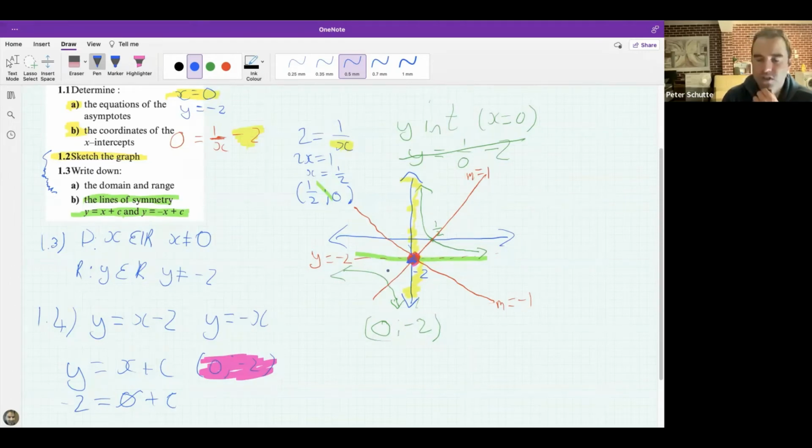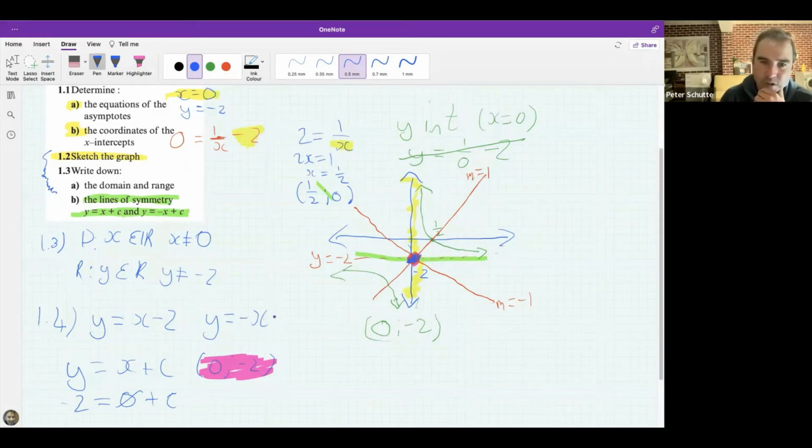So Dawn, just to summarize, the lines of symmetry of a hyperbola, there will always be two lines of symmetry. The one that slopes up to the right has a gradient of 1. The other one has a gradient of -1. And both these lines always go through the intersection point of the asymptotes. In this case, it was a bit easier because the point where they went through is the y-intercept.